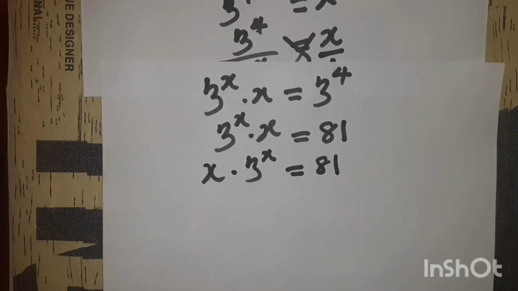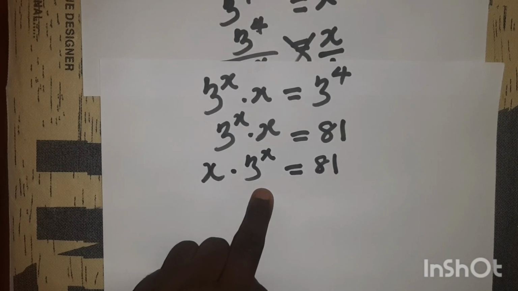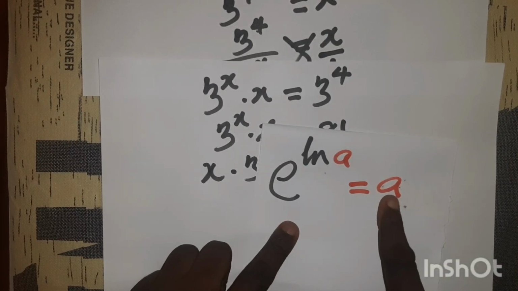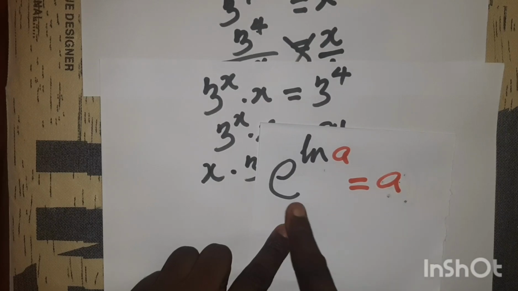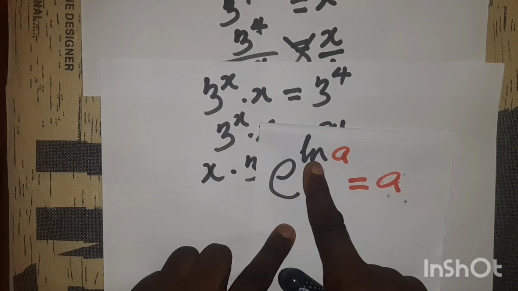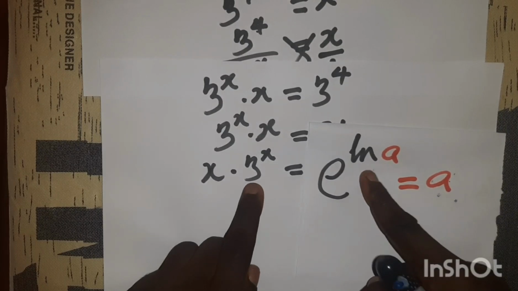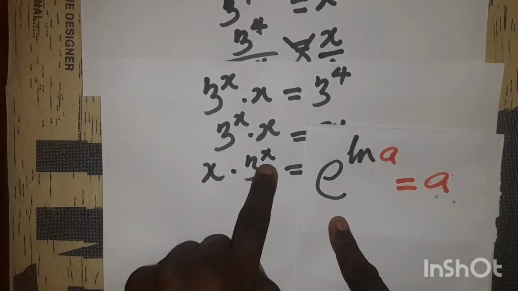And I can decide to write my 3 raised to power x in terms of e. In this way, we know that if I decide to write my a in terms of e, it becomes e raised to power ln of a. They are the same, but I can rewrite this as this. So I'm going to rewrite 3 raised to power x in terms of e.